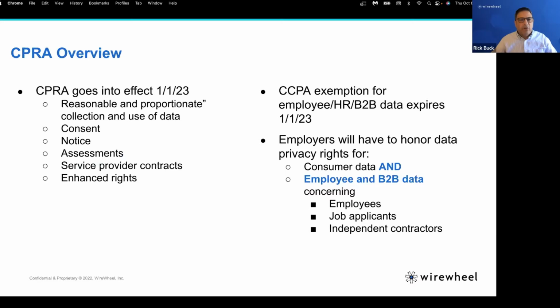Again, very high overview of CPRA. CPRA goes into effect this coming January 1. And it introduces a number of things beyond what CCPA had originally asked us to do. One, it focuses on data and the reasonable and proportionate collection and use of data.